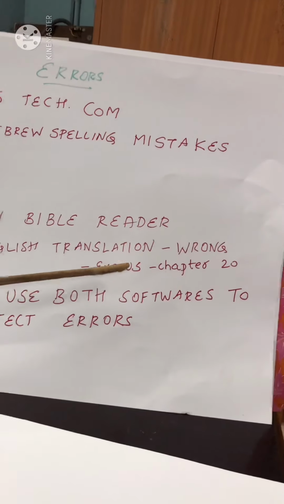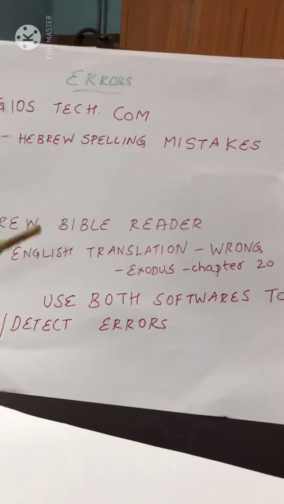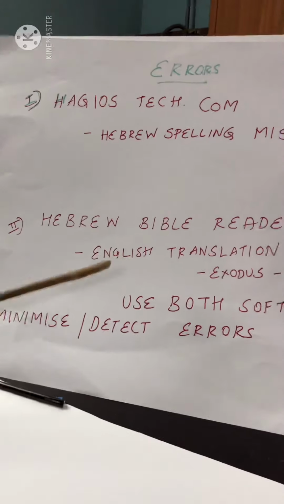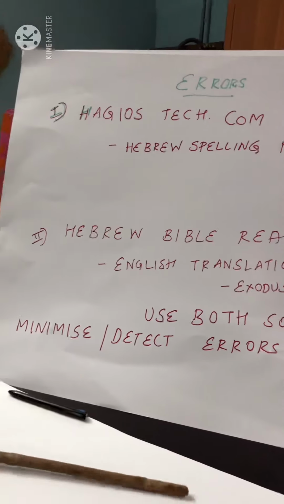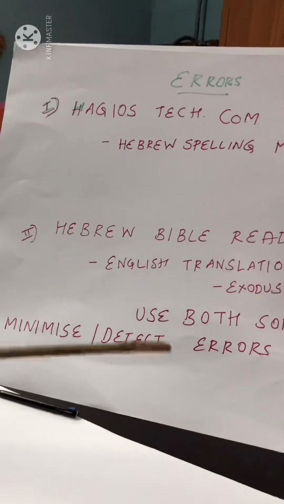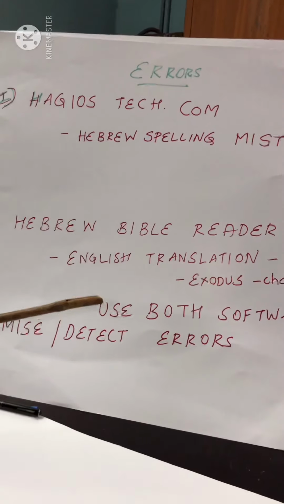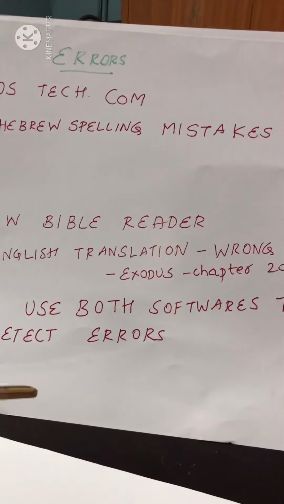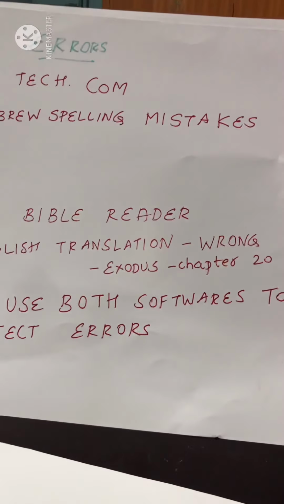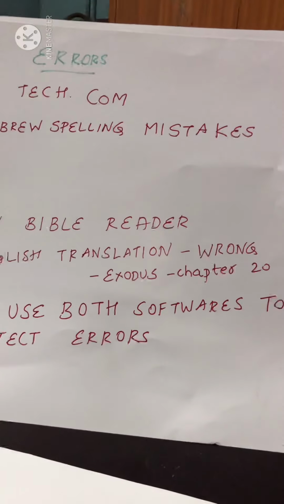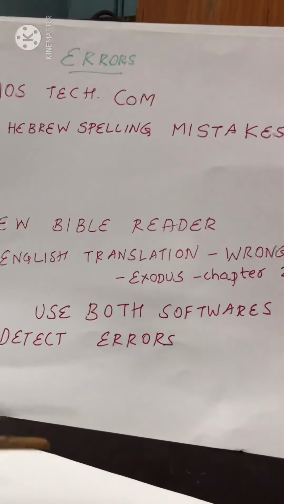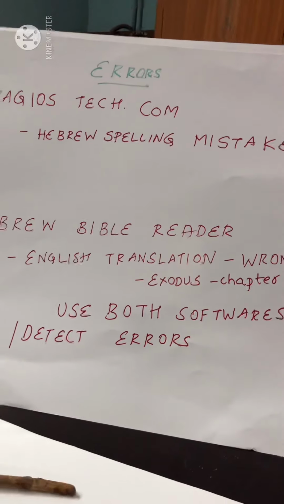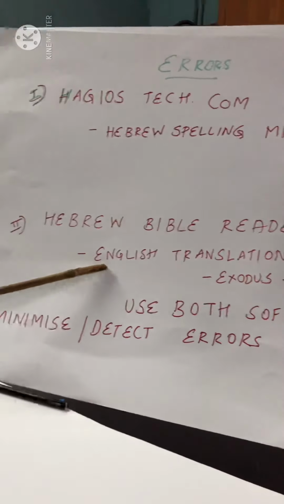Example, Exodus chapter 20, the English translation is wrong. How this happens is, sometimes a particular verse does not get translated. So the next verse will get the translation of the previous verse. Actually, it is misrepresenting the translation, but still you have to be very careful about this.